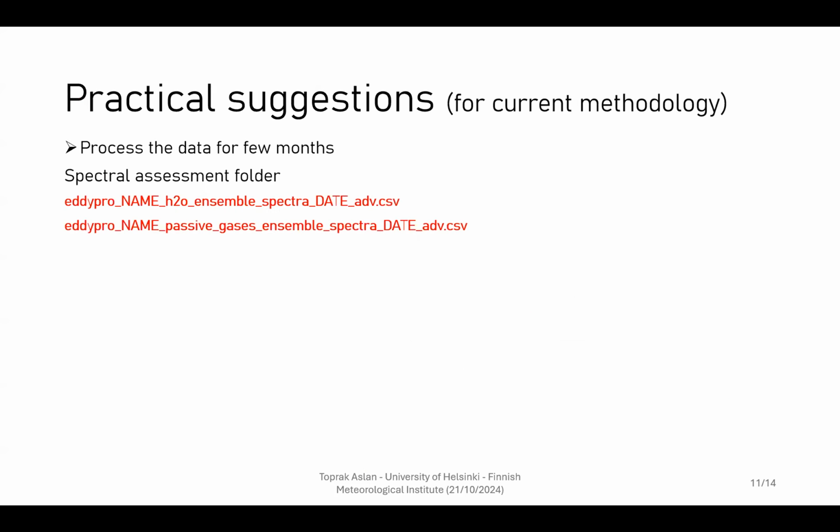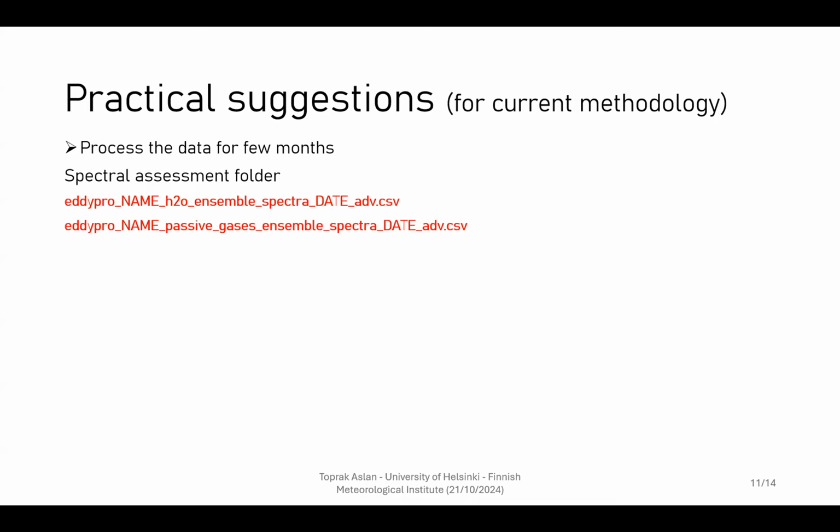Now I will present 2 practical suggestions to improve the response time estimation in your data. The first one is if you still want to apply the noise removal procedure. In this case, visual inspection is very important, and you need to do it for sure. Once you process the data, EdiPro saves the ensemble spectra under the spectral assessment folder.